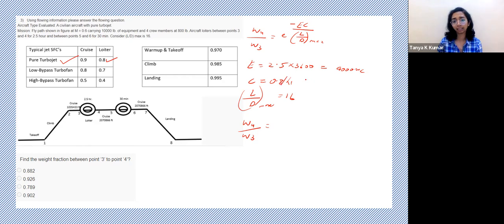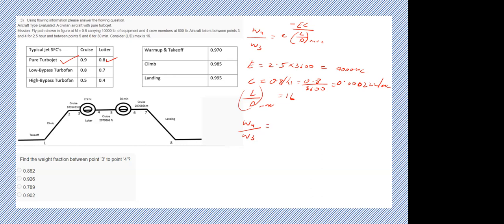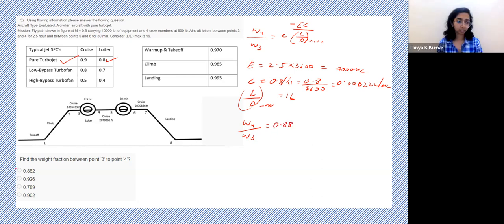We need to convert it to per second, so it's 0.8 by 3600, that is 0.00022 per second. Now plug it in and let me know. It's 0.88. Okay.